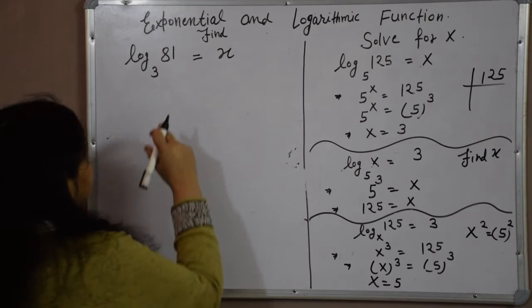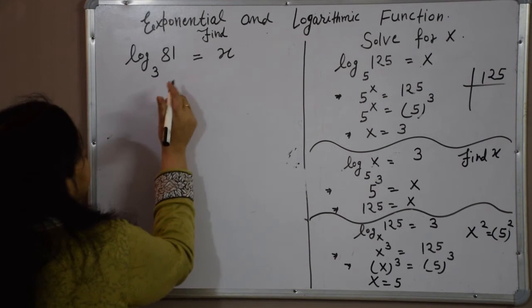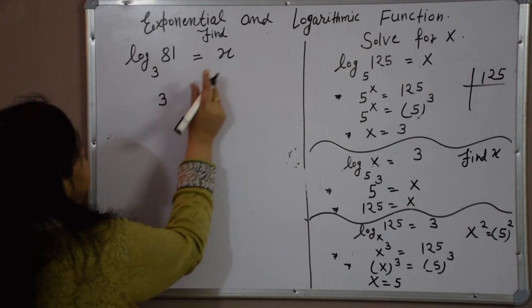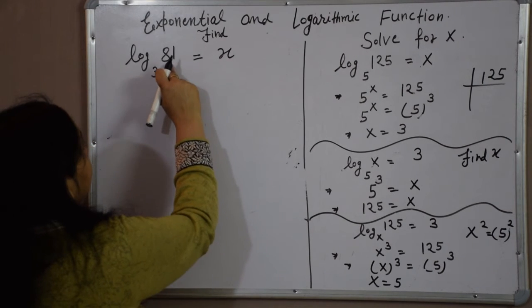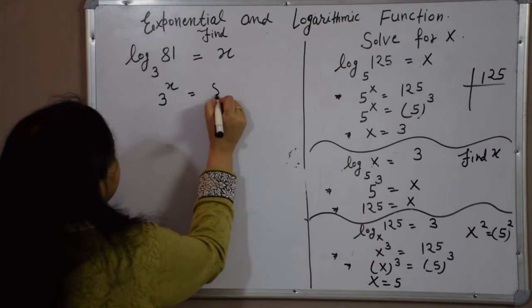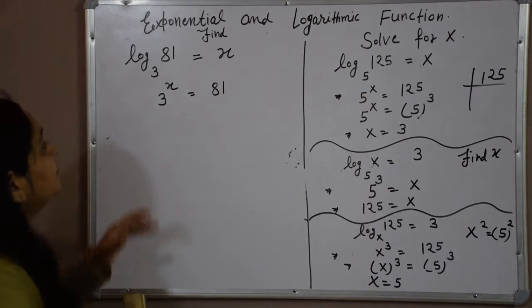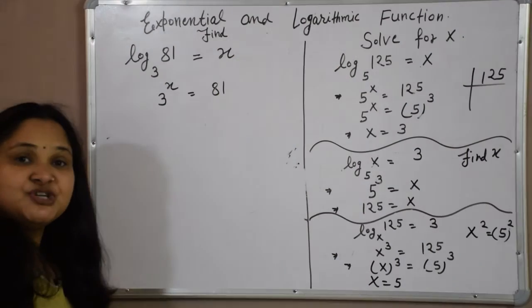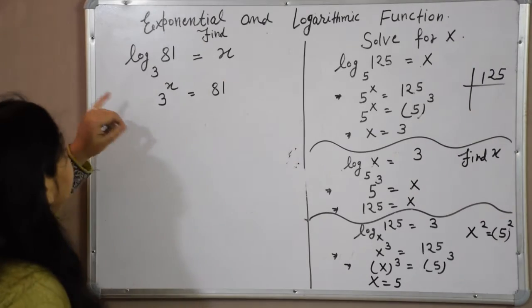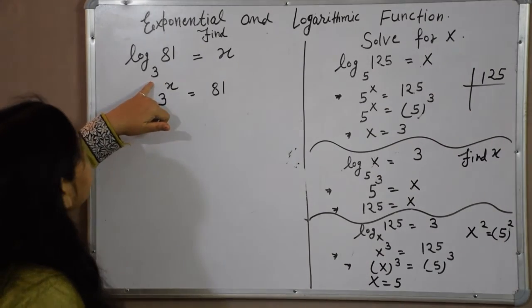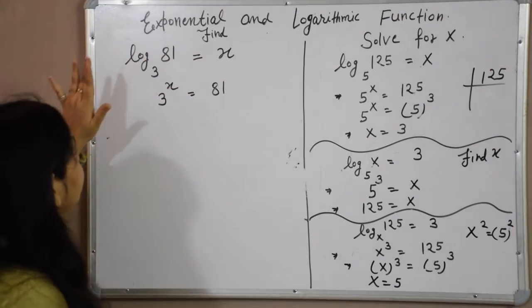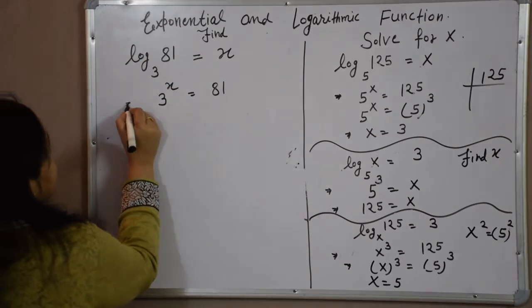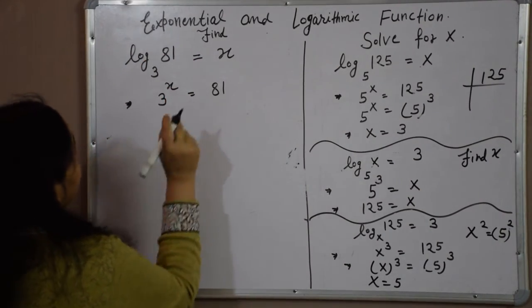In the exponential form we can write it in the form of base raised to power. So we have to find what power of 3 will make it 81. So this implies 3 raised to power x is equal to 81.